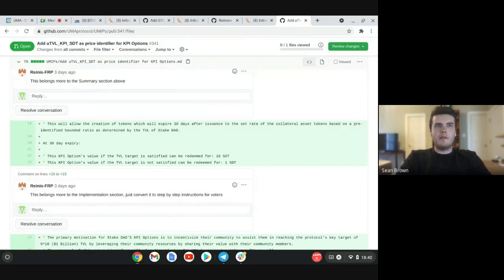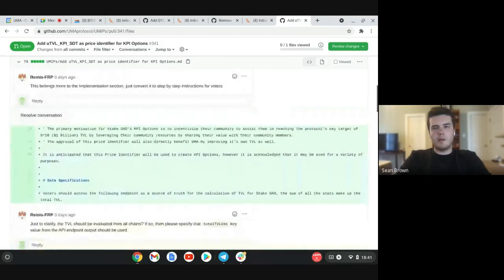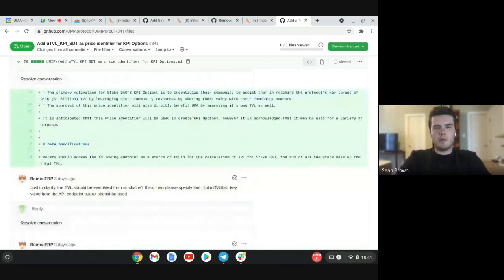I think that kind of proposal was made to save on some of the work and governance time of actually passing this price ID. And I think it actually works better to have clear instructions around this price ID. So I don't think we should just say, no, we have something else that could theoretically work for this, so let's not pass this. So I think it's good to review this.